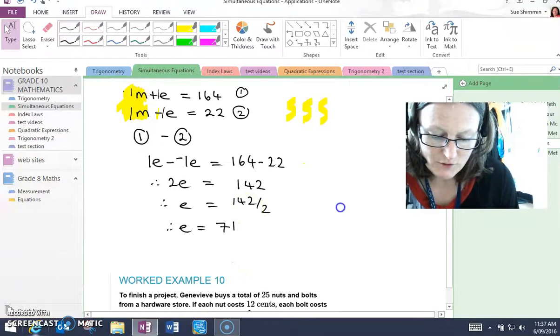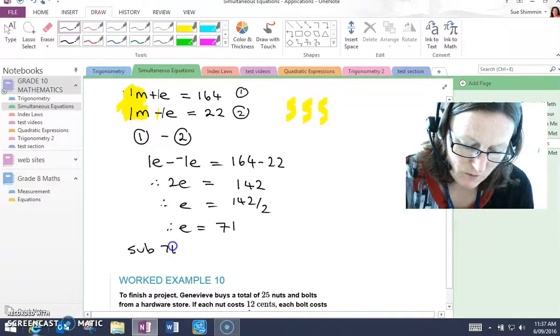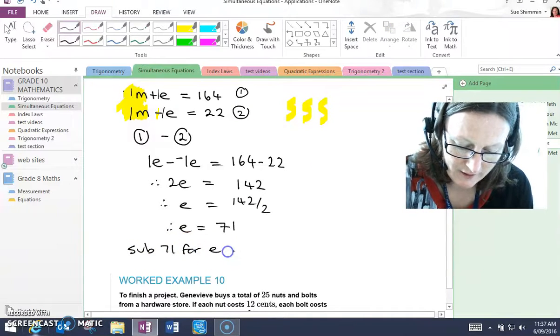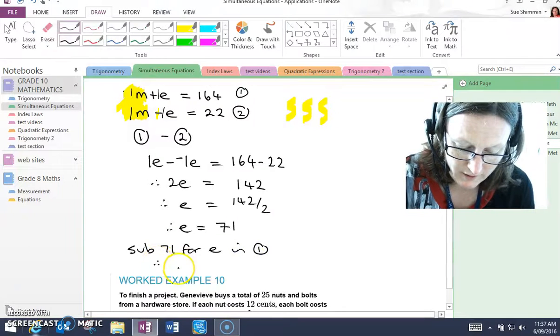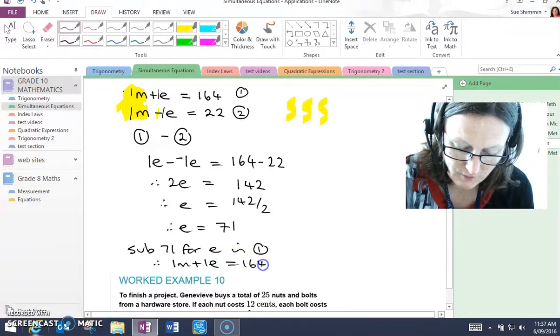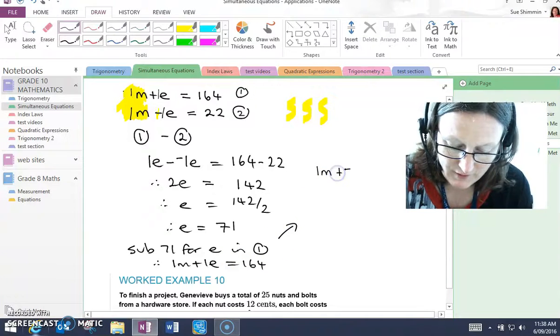Now if we substitute 71 for E, and I'm going to choose equation 1. So equation 1 is 1M plus 1E equals 164. And I am putting M plus 71 equals 164.